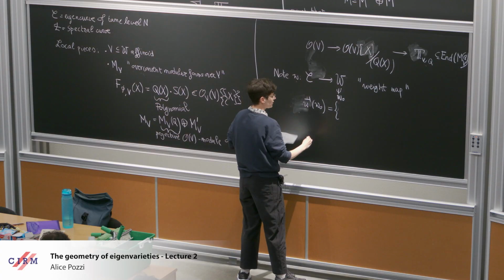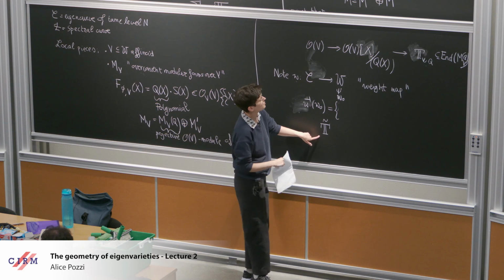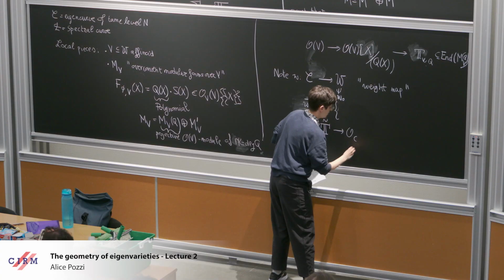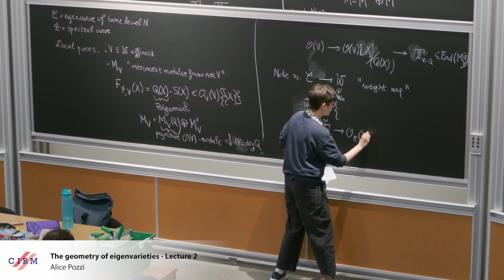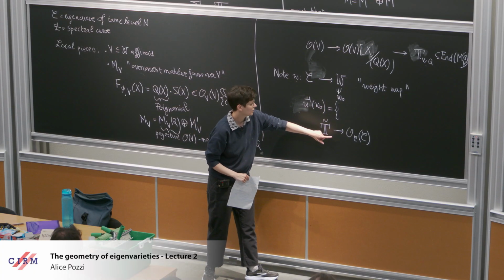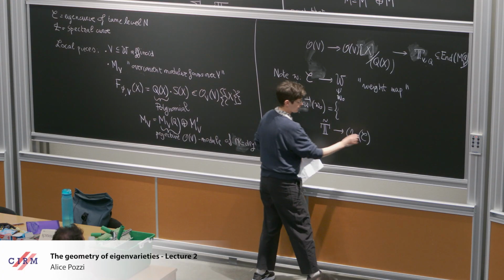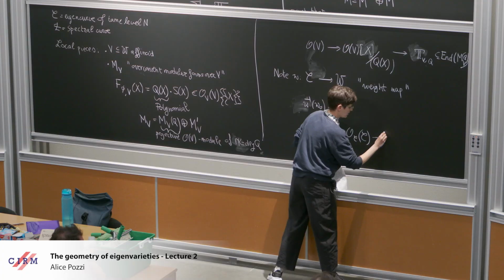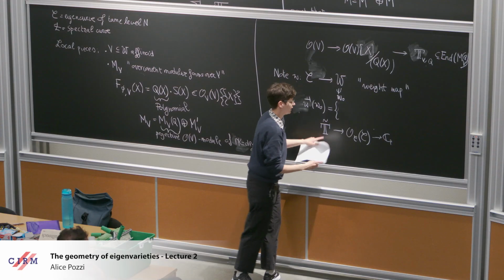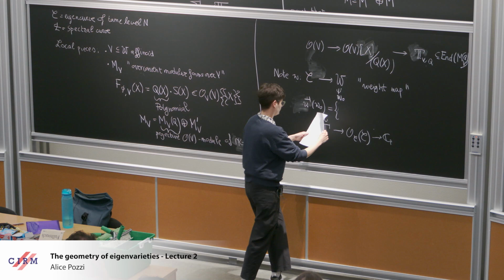The construction of this whole gadget is going to give me a morphism from this abstract Hecke algebra into the ring of functions of the eigencurve. So that means that I can interpret points in here as, if I have a map corresponding to a point, a system of eigenvalues for this abstract Hecke algebra.